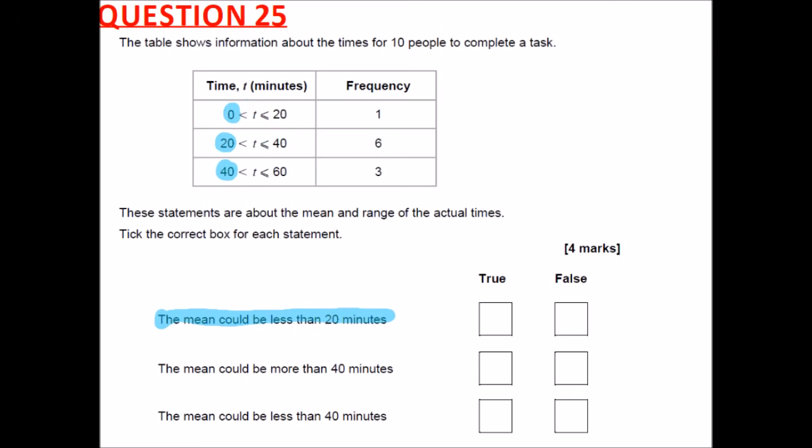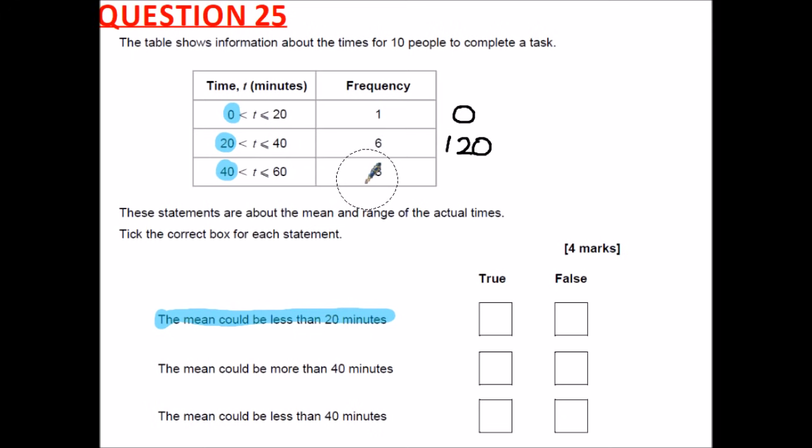And so if one person did it in 0 minutes, as impossible as that would be, 0 in total. If these 6 people did it in 20 minutes, 6 times 20 would be 120.